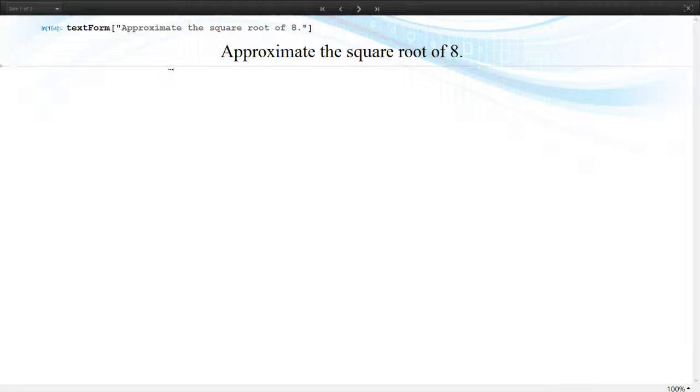So, in Newton's method, we want the square root of 8 to be the number that makes our function become 0, the number that kills our function.